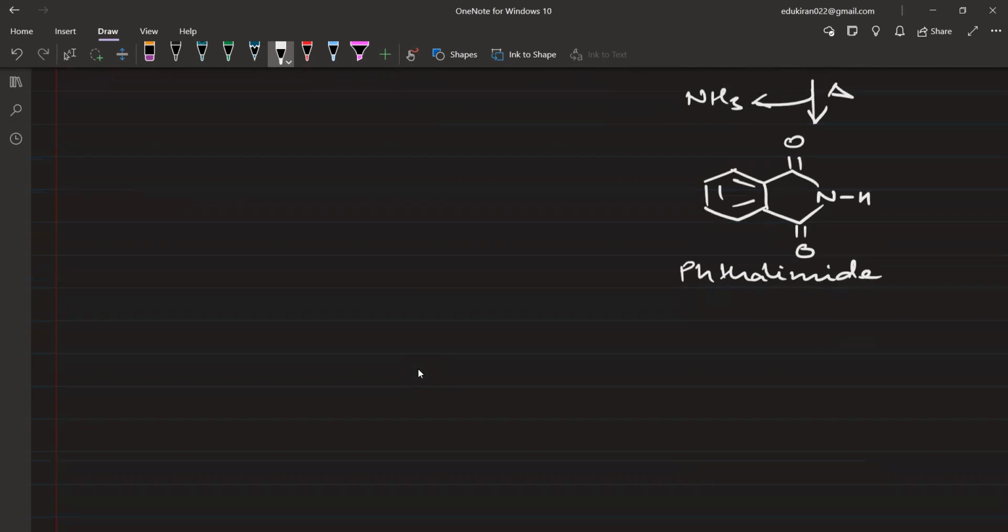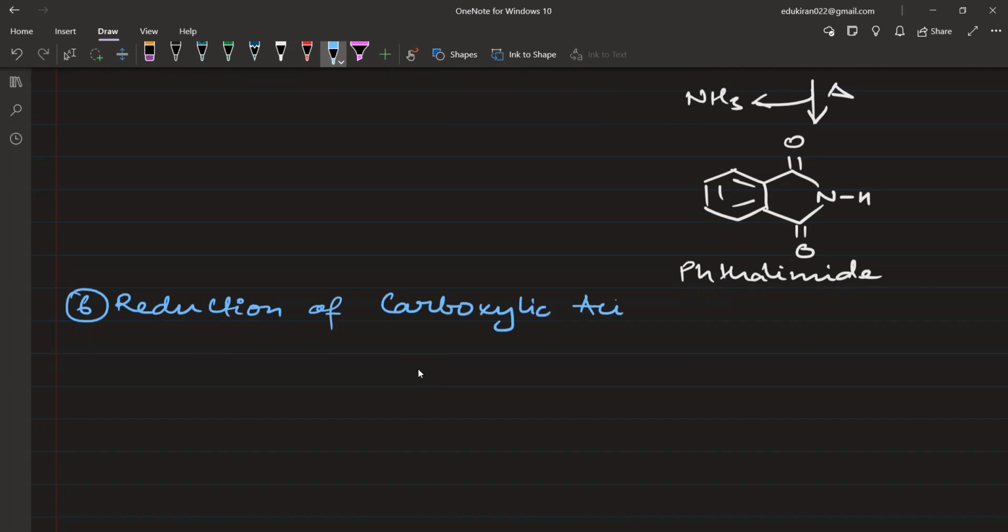Right, the sixth reaction, reduction of carboxylic acid. Carboxylic acid can be reduced by 2 different reagents.